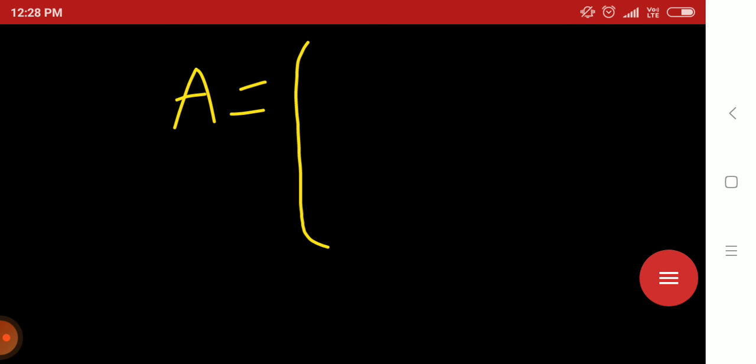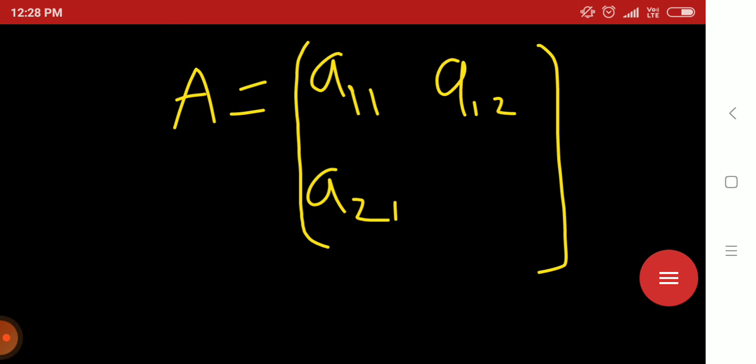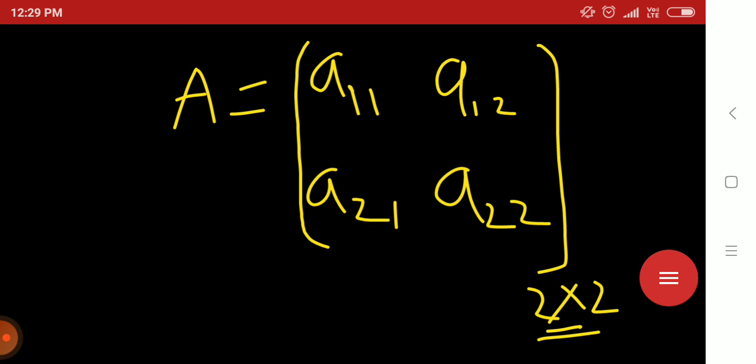Let us consider A is a matrix, A11, A12, A21, A22, a 2 by 2 matrix. Don't call it 2 cross 2, because I have noticed that some students call it 2 cross 2, but it is mathematically incorrect. It is a 2 by 2 matrix: 2 rows and 2 columns.